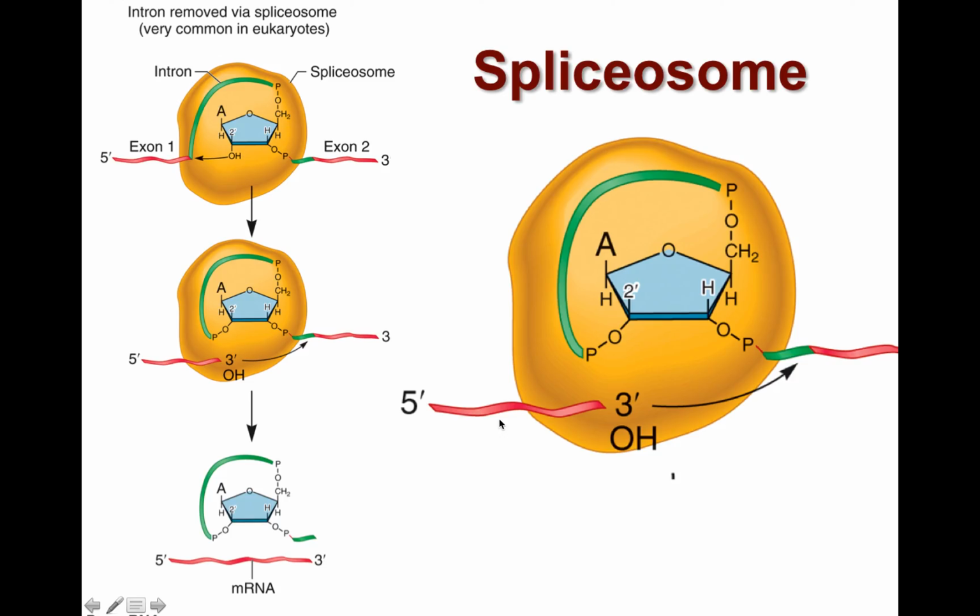In higher eukaryotic organisms, the same chemistry happens, but in order for it to proceed in an ordered and regulated fashion, there is a complex of many different proteins called the spliceosome that accomplishes this.